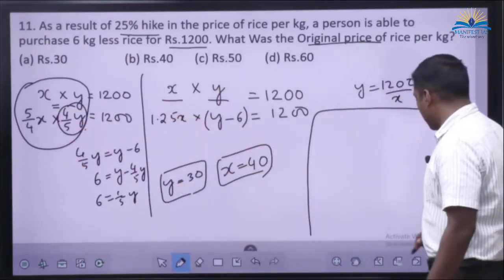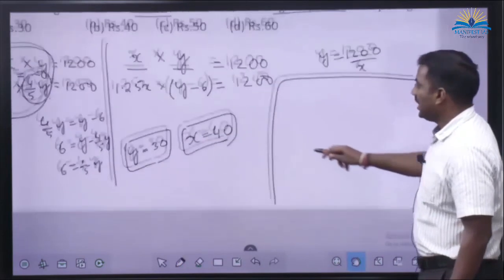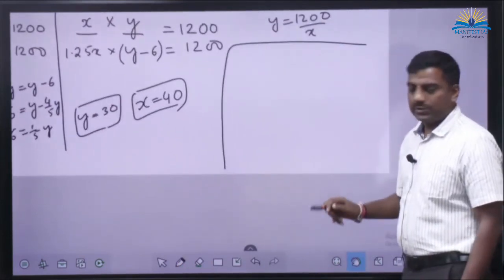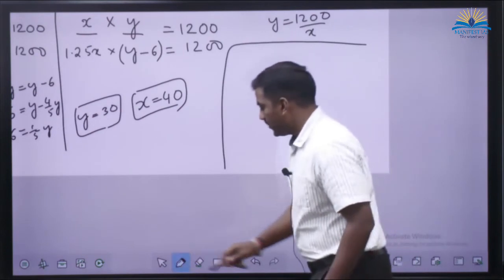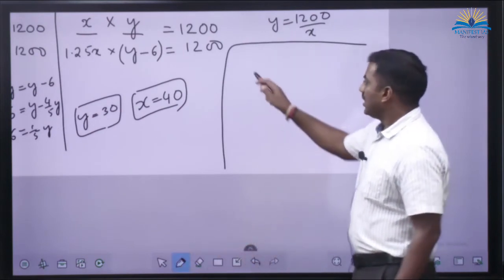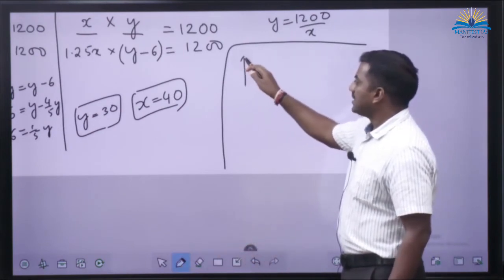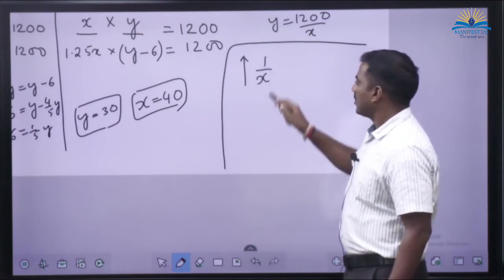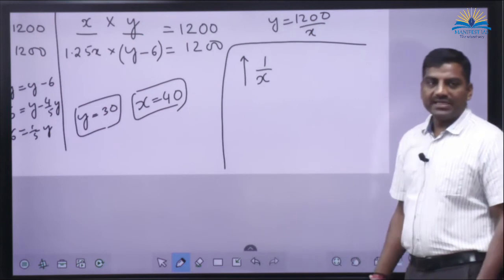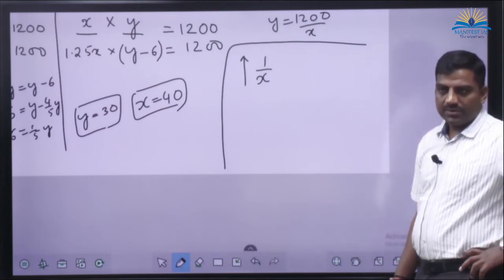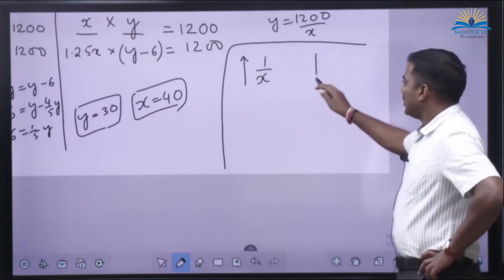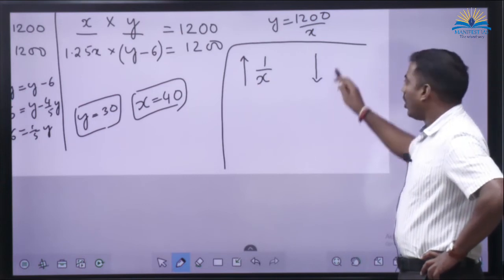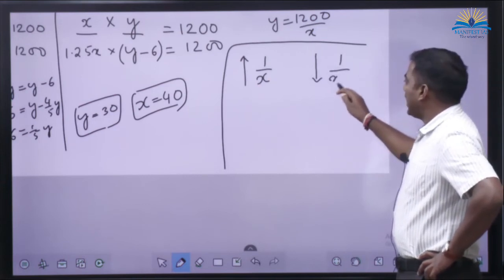I'll tell one more simple thing. In these budget problems, if the price is raising by 1 by x, then the consumption will fall by 1 by x plus 1.